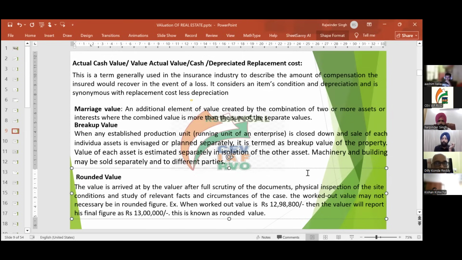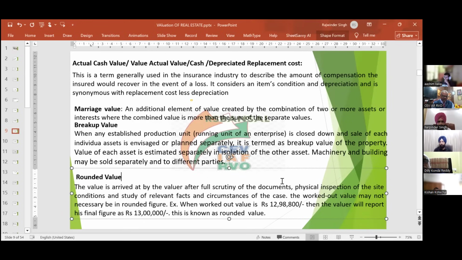That value is called breakup value. It means sale of individual assets is planned separately. This is especially for plant and machinery values.